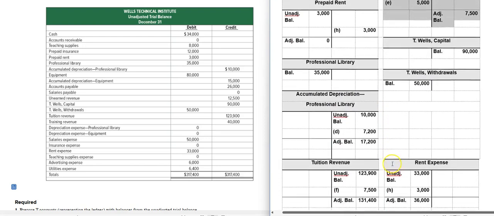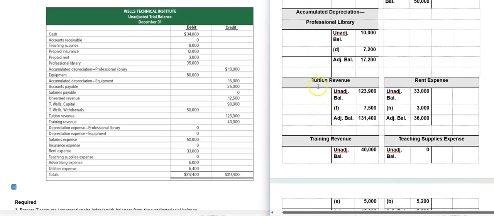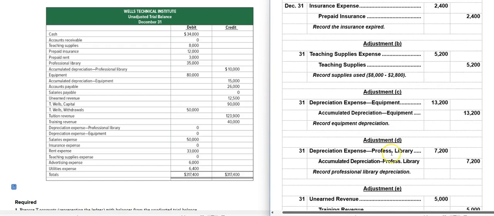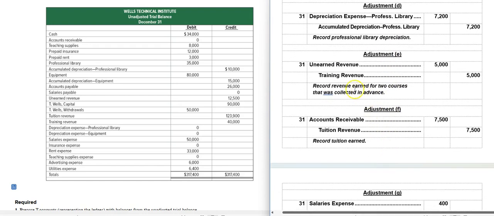And then I'm going to record my tuition revenue, increasing it, adjusting its balance to $131,400. Right, I'm sorry, that should have been training revenue. I apologize, that was the wrong revenue account.